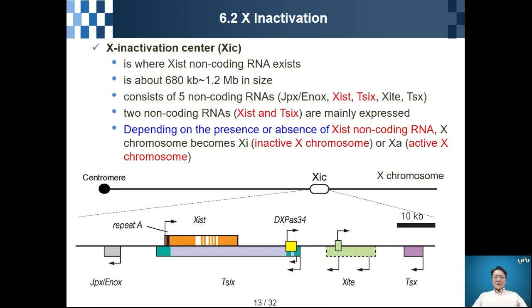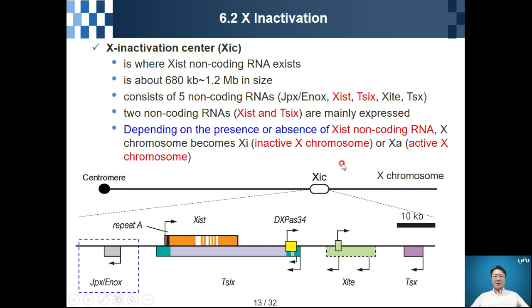In this slide, I will explain the X inactivation center, XIC. So this is the X chromosome, and the X chromosome has the XIC. XIC is where the Xist non-coding RNA exists. This is the Xist non-coding RNA. The size is about 680 kb to 1.2 megabase, and XIC consists of 5 non-coding RNAs.